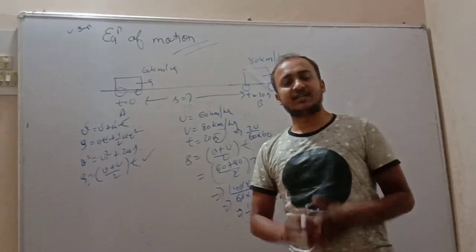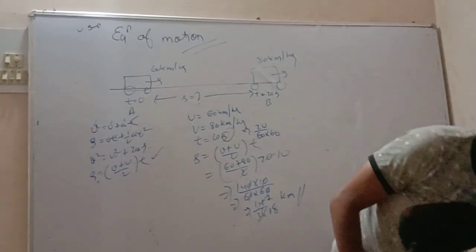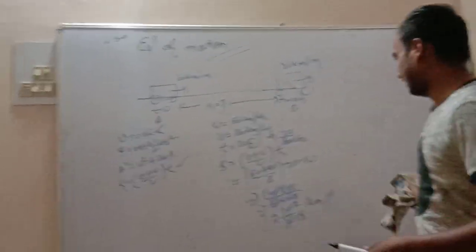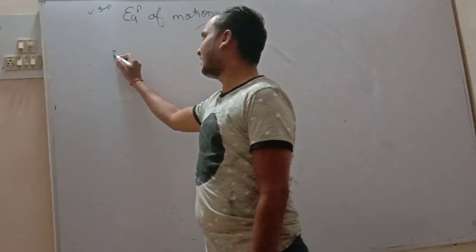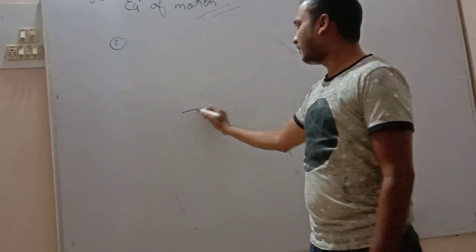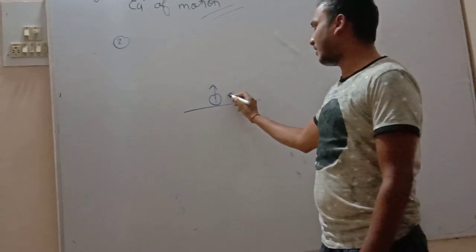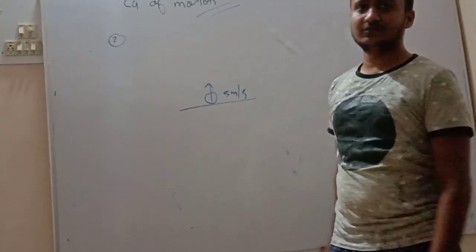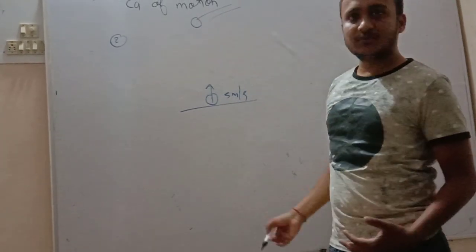So let's take another example to have a better understanding of these equations. Second, there is a ball which is given a velocity of 5 meters per second. Friends, it will go up and again come down.